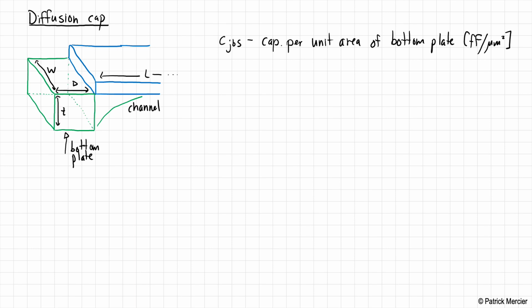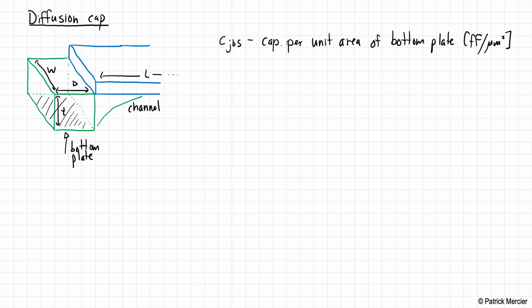Okay, so this is the area of what you'd call the bottom plate region here, right? So you measure the bottom plate, and the area of the bottom plate, which is in this case just W times D, and you use that to compute the amount of CJBS.